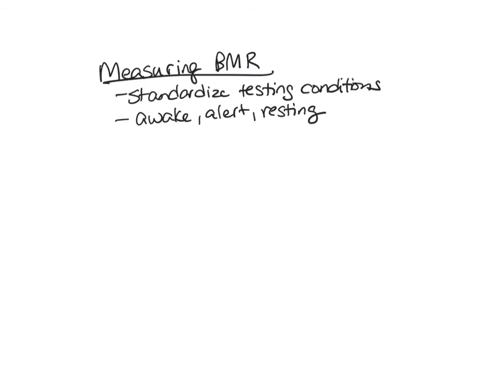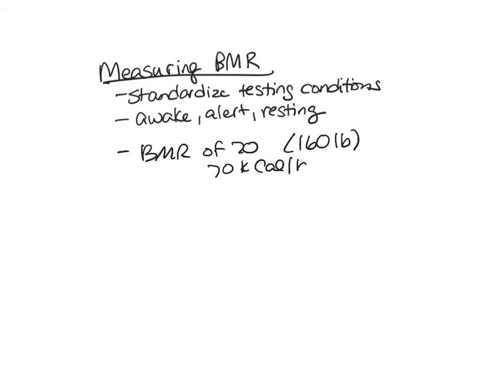For a person that has a BMR of 70, which I showed you with a 160-pound man, that's per hour, 70 kilocalories per hour. That means on a daily basis, they would be burning 680 kilocalories per day.